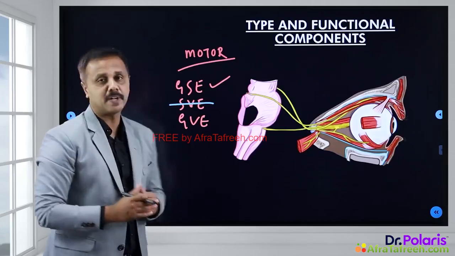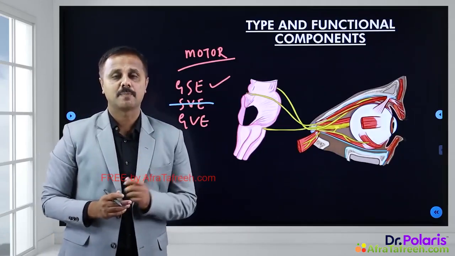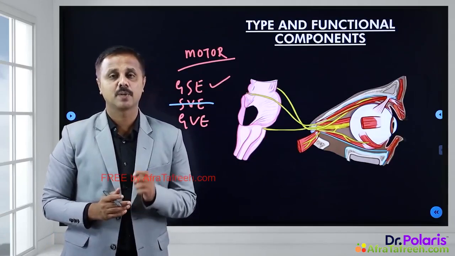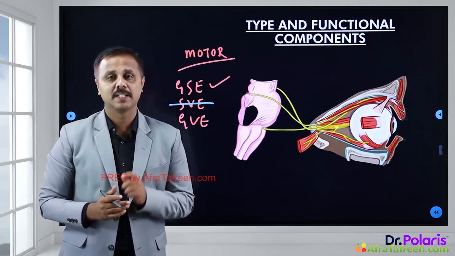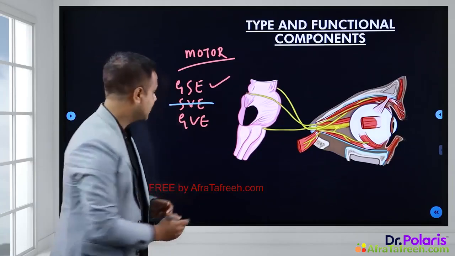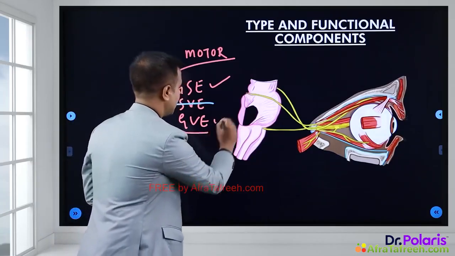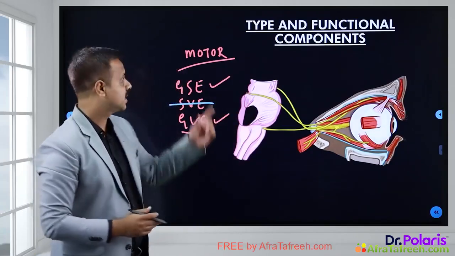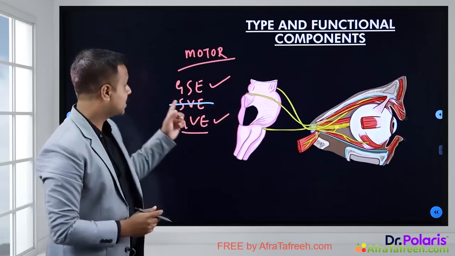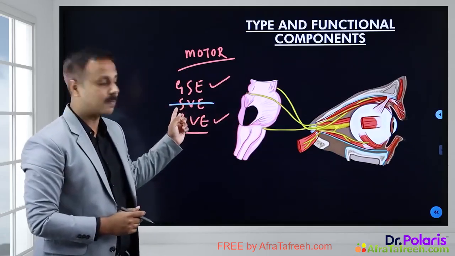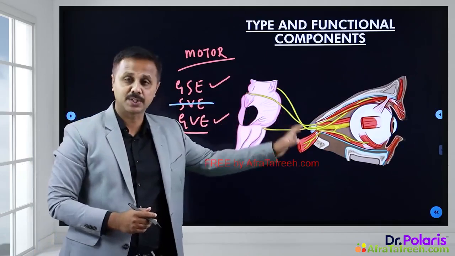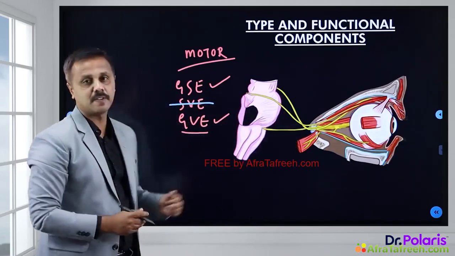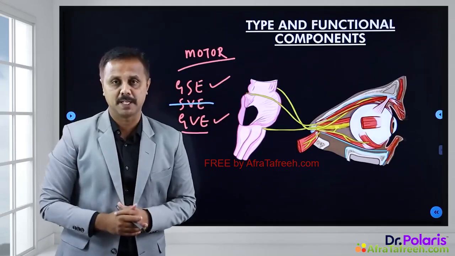Remember, there is a component from the oculomotor nerve which will supply constrictor pupillae, which is one of the smooth muscles present inside the eyeball. And hence, there is a general visceral efferent component. So, the oculomotor nerve is a purely motor nerve and it has two functional components: the general somatic efferent component which will supply the extraocular muscles, and the general visceral efferent component which will supply sphincter pupillae.